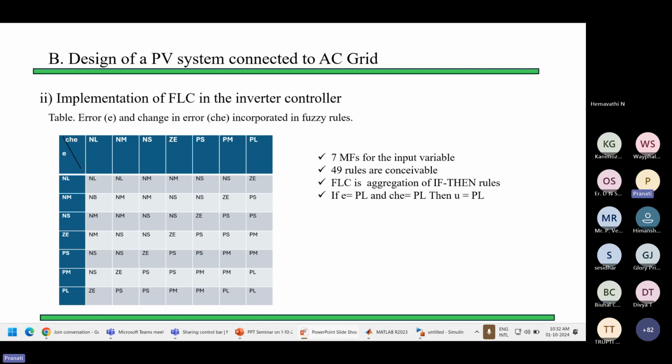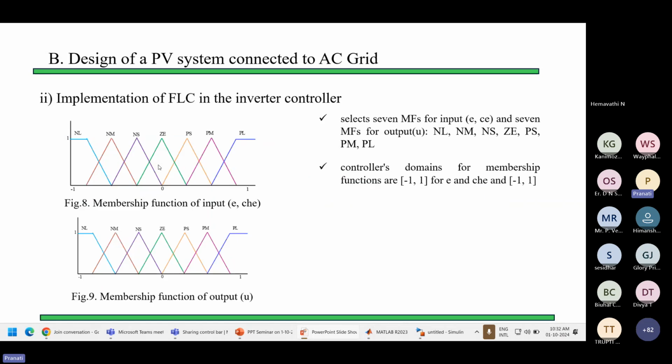It is a .fis file we need to import, and it is available online in MATLAB. We need to arrange the membership functions accordingly and put in the values. These membership functions we can find through our .fis file.